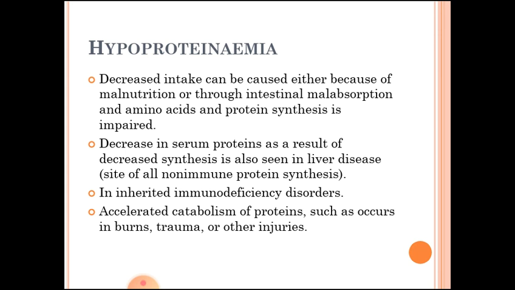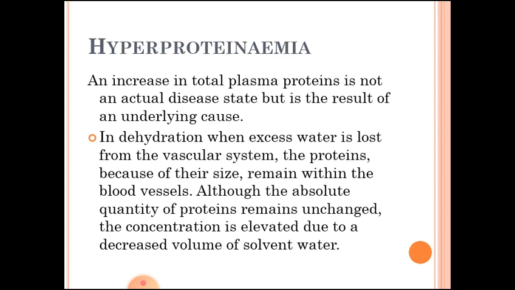Decrease in serum protein as a result of decreased synthesis is also seen in liver disease, because the liver is the main factory that synthesizes the majority of plasma protein. It is also seen in inherited immunodeficiency disorders, meaning low globulins, and in accelerated catabolism of proteins such as occurs in burns, stress, and other injuries.